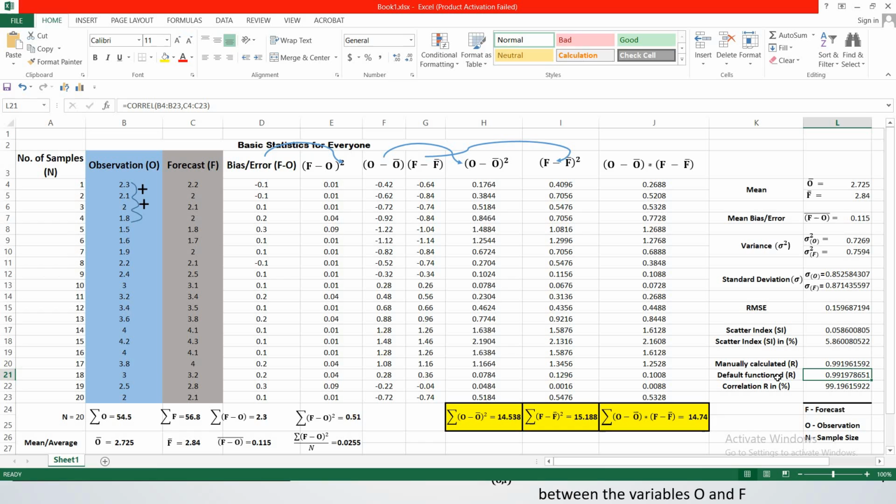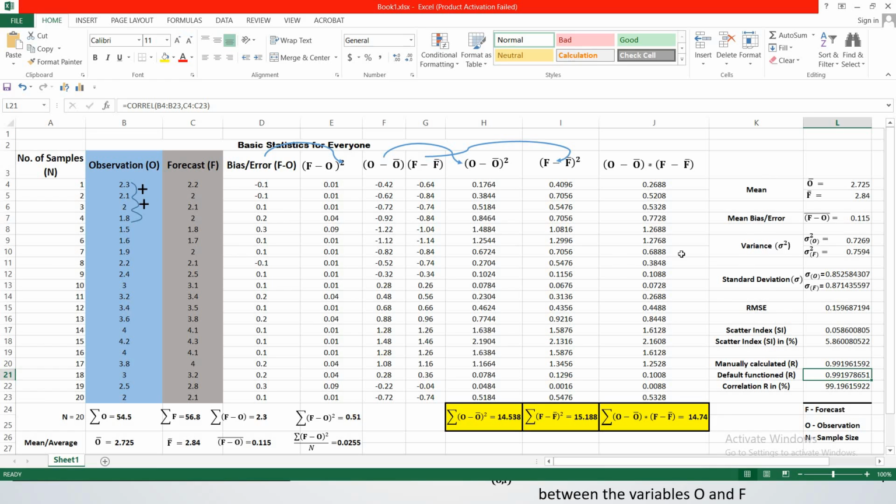But in Excel, you can also compute the correlation parameter by default. Excel has inbuilt functions to compute all these parameters like mean, bias, error, variance, standard deviation, correlation, RMSE and so on. But for whoever is not familiar with these terms and is seeing and computing them for the first time, it's quite easy to see how we do it with the data sheet and all these columns, substituting the terms into the corresponding formulas.